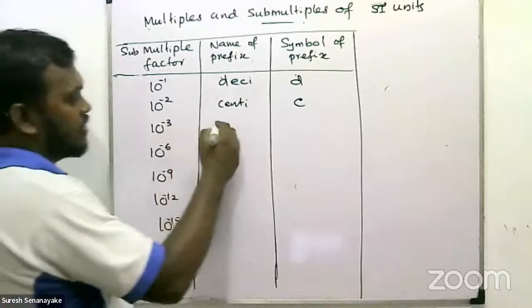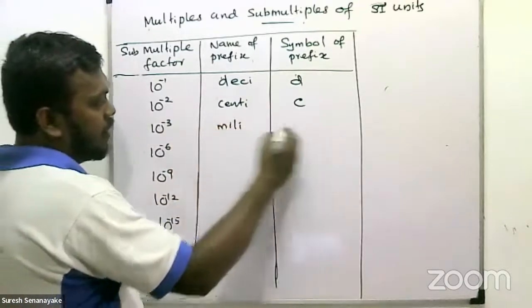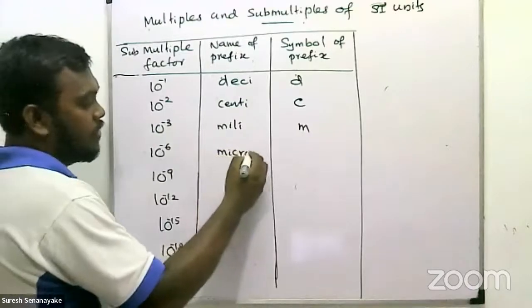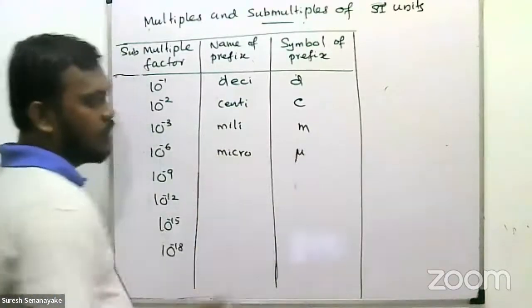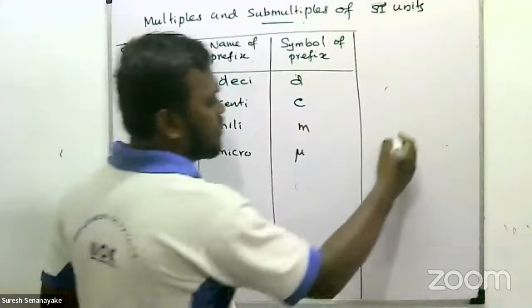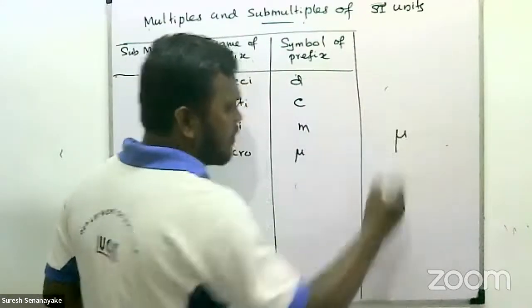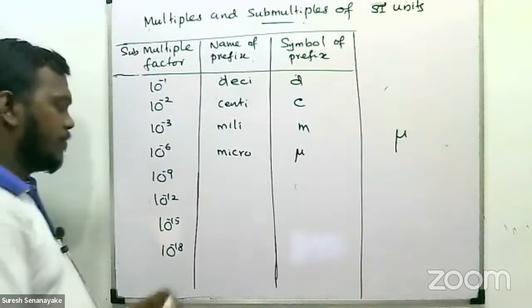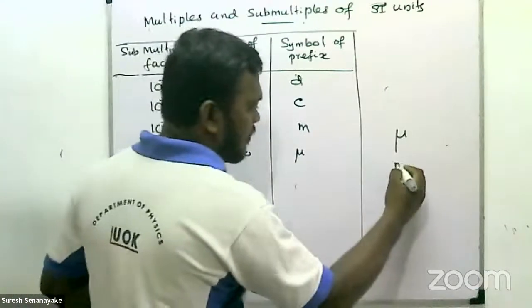And minus 3 is called milli, and minus 6, that is a Greek letter we use. So micro is mu. The letter mu we use. You can write it as a u and then on this side you can write it longer. It's called mu, right?